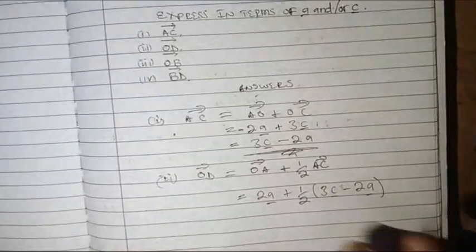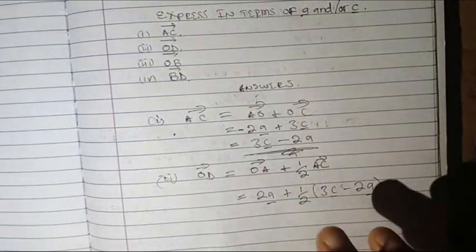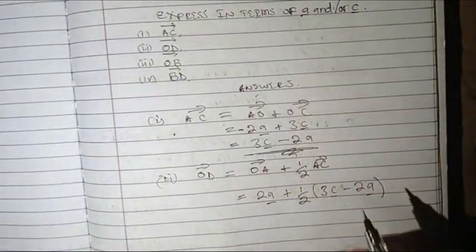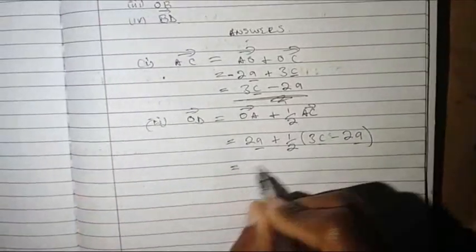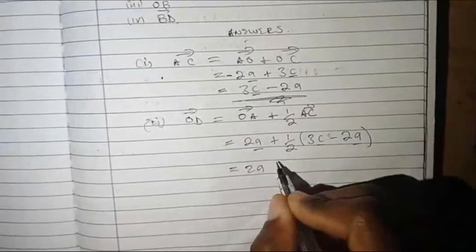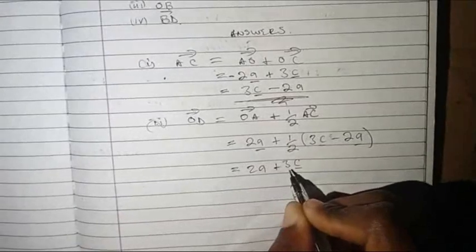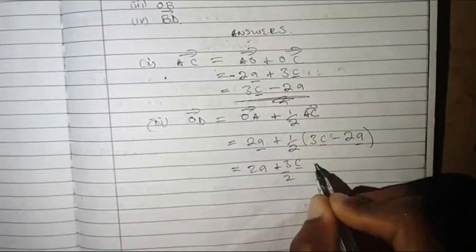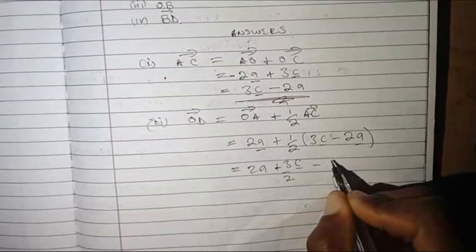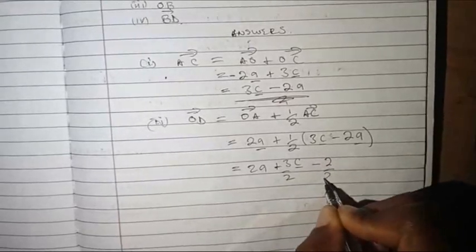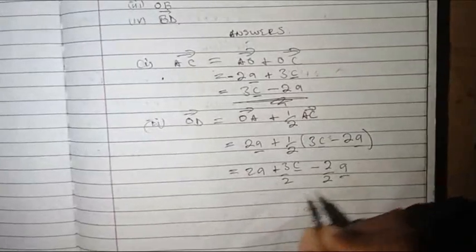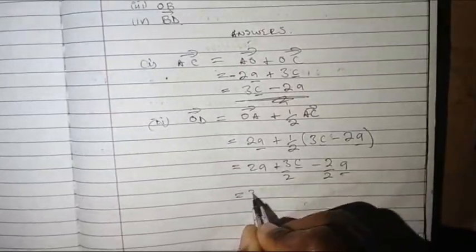So all we have to do is just rewrite it, and we will be warm and dry. So we can rewrite it as 2a plus 3c over 2, then minus 2 over 2 a, as you can see. Then we're going to say 2a.